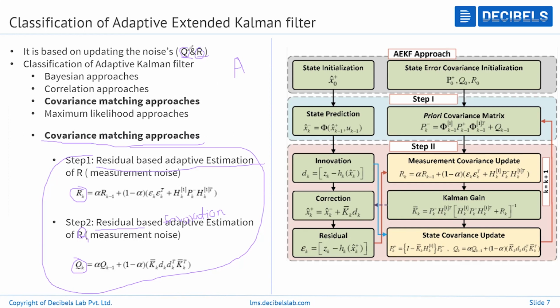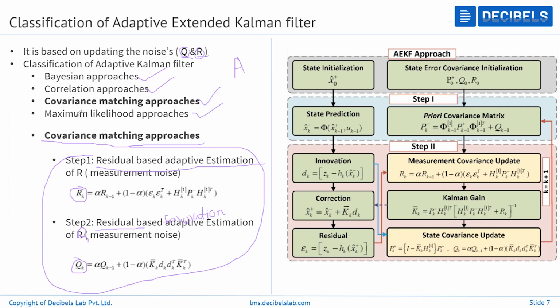So this can be done with different approaches: Bayesian approaches, correlation approaches, covariance matching approaches, and maximum likelihood approaches.